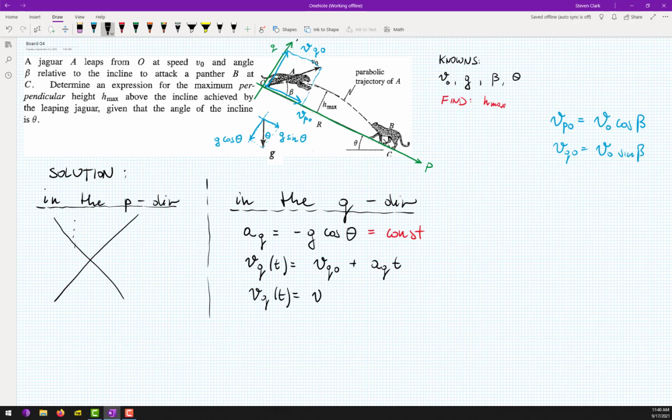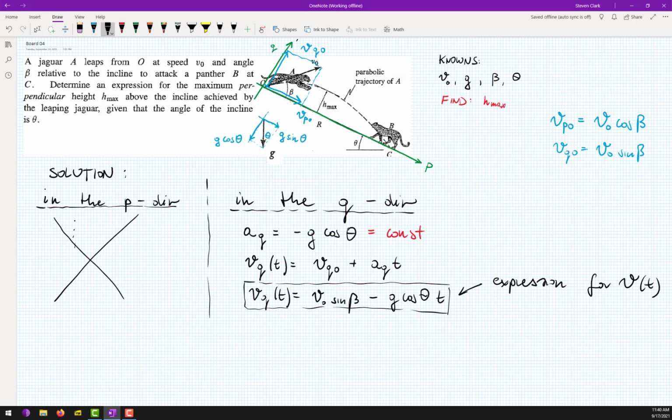So VQ of t is V0 sine beta minus G cosine theta t. Great, this is our expression for v of t. Now let's find YQ of t.